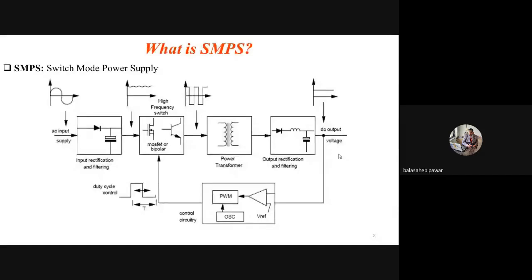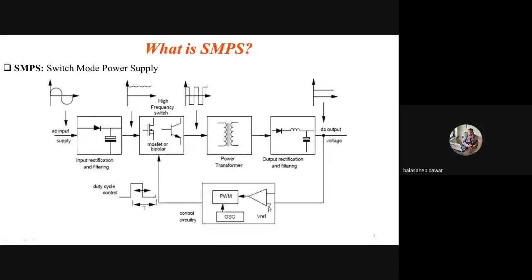Similarly, if the output voltage tries to increase above 5, for example to 5.5, what action will this controlling circuitry take? It will reduce the on period and increase the off period. So the power delivery will be reduced so that the output voltage goes back to 5 volts. Yes or no? And that's why there is a comparator circuit.